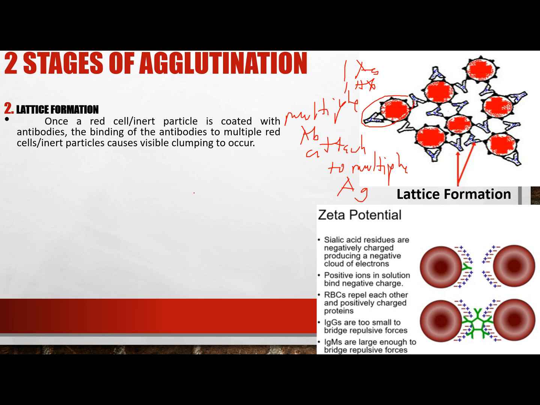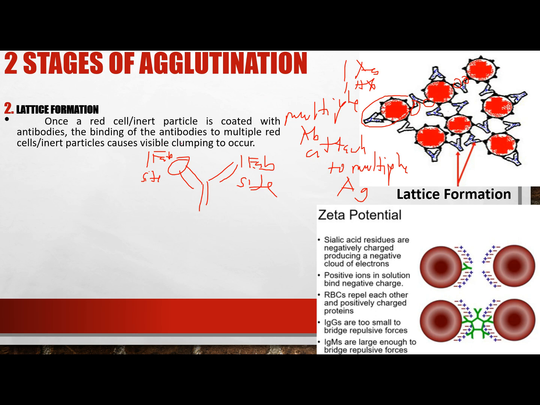Remember that your antibodies have two Fab sites. Remember, it's in a Y shape. This is one Fab site. This is another Fab site. So a total of two. So a single antibody could attach to two antigens, one, two, producing this lattice formation.